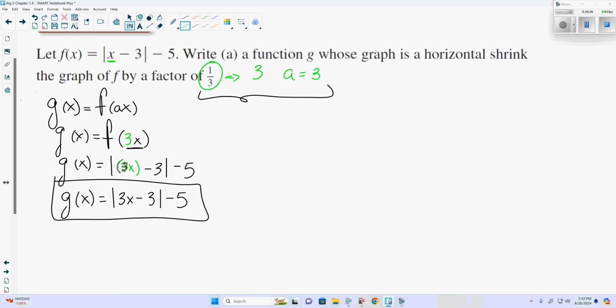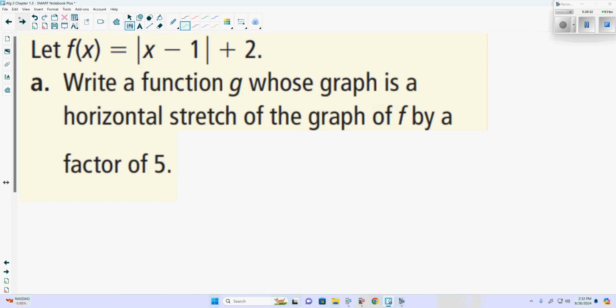Does that make sense? Do y'all want to see another horizontal? Yeah. Because horizontal is one of the more confusing of this group, out of all of them. Well, we want to write a graph G. Write a function G whose graph is a horizontal stretch of the graph of f by a factor of 5, yes?